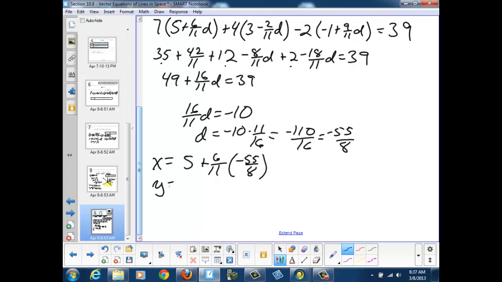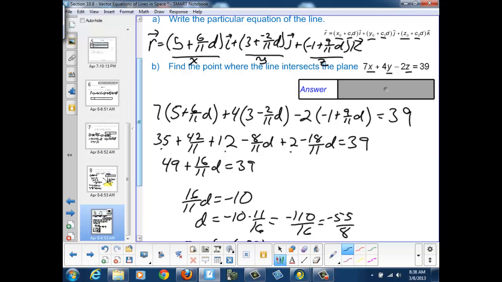My y coordinate will be 3 minus 2/11 times negative 55 eighths. And my z coordinate will be negative 1 plus 9/11 times negative 55 eighths. And if we do the math, we'll see that our point is (1.25, 4.25, -6.625).